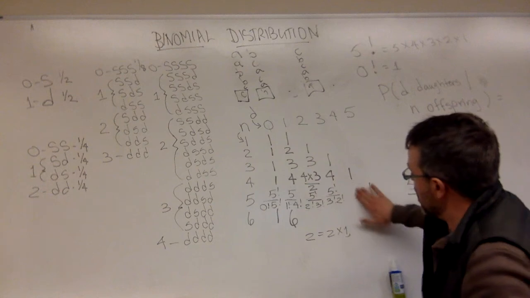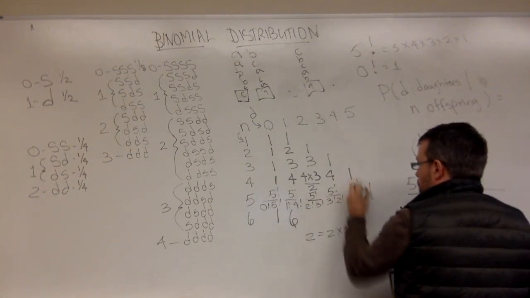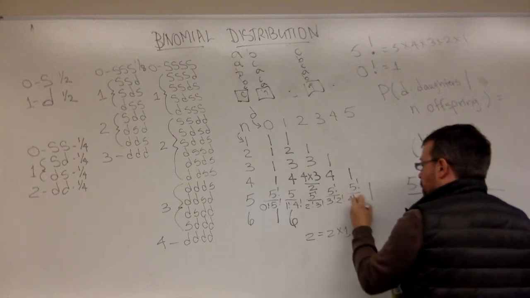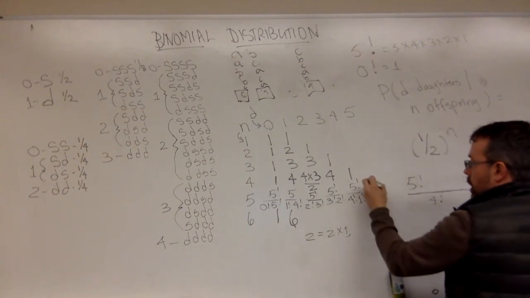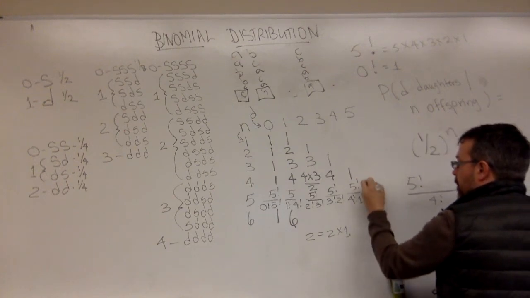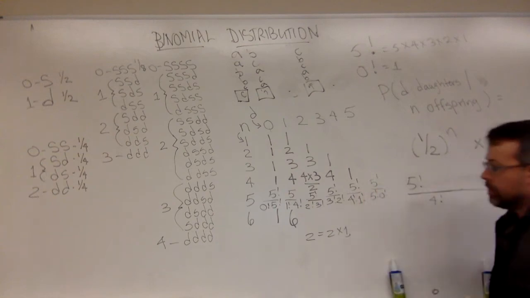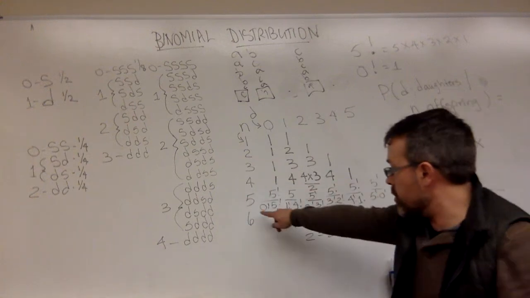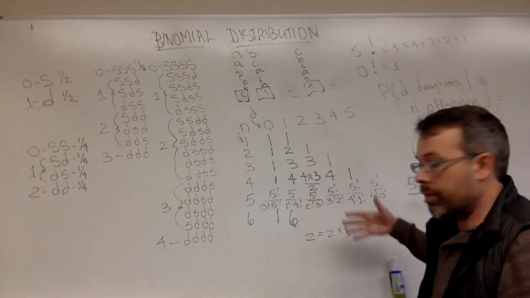We recognize that 5 is equal to 5 factorial divided by 4 factorial, 1 factorial, and that 1 is equal to 5 factorial divided by 5 factorial, 0 factorial. So we've got a pattern where it goes 0, 1, 2, 3, 4, 5, and 5, 4, 3, 2, 1, with our factorials.